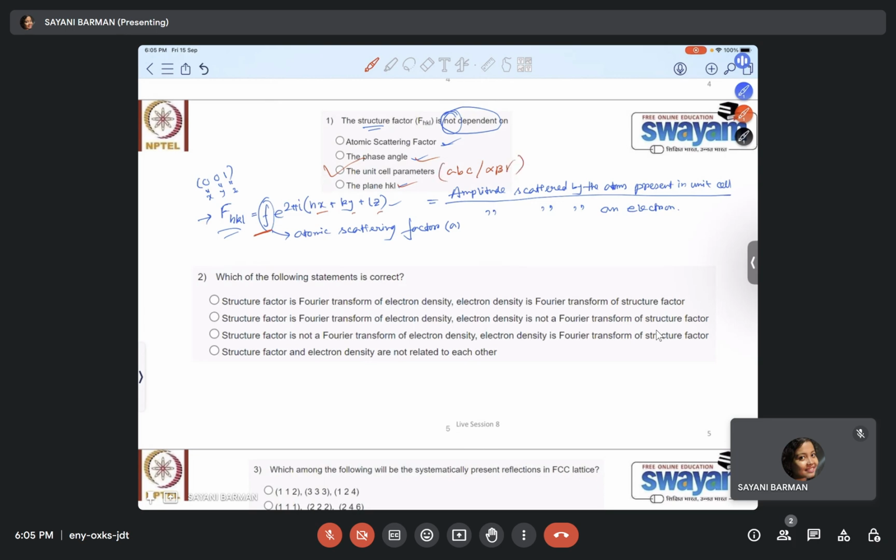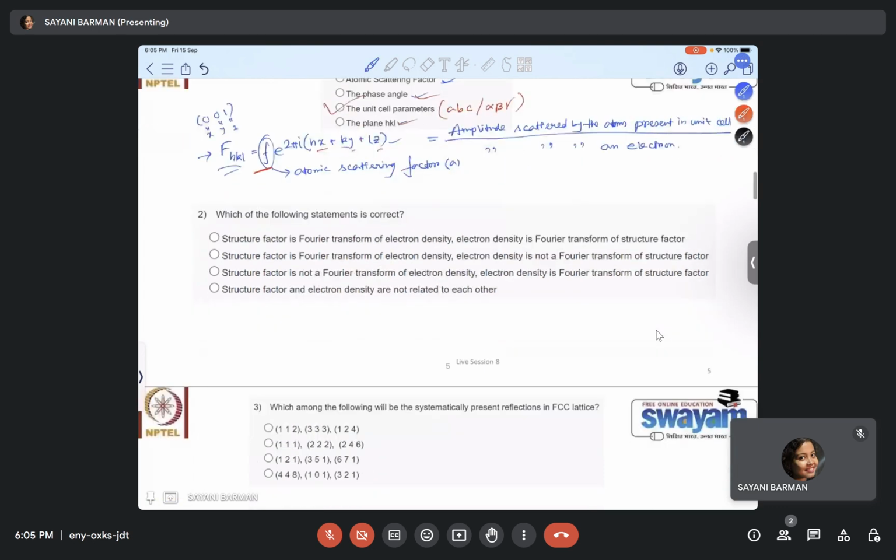Now the second one is: which of the following statements is correct? Structure factor is Fourier transform of electron density. Okay. First, we'll see the relation between the structure factor FHKL and the electron density.